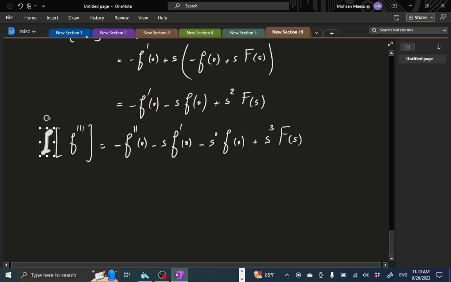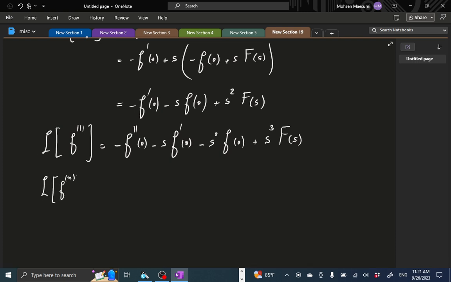So in general, the Laplace transform of the nth derivative, we're not going to have immediate use for this thing, but just saying for the sake of completeness, don't worry about trying to memorize it. So we come down from this mountain: f^(n-1) at 0, that is that derivative.